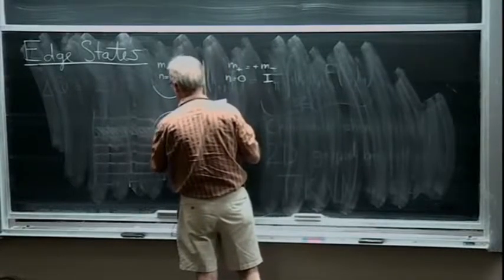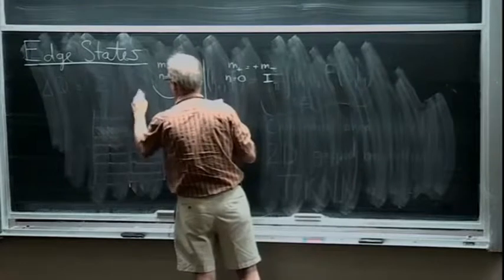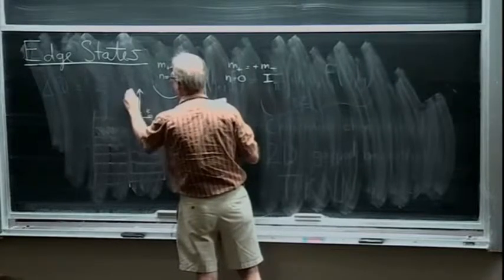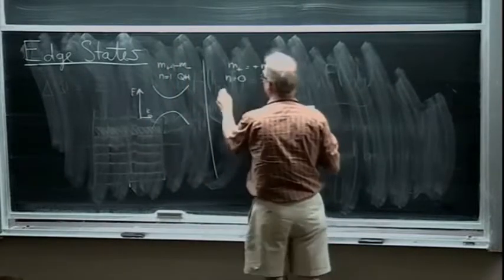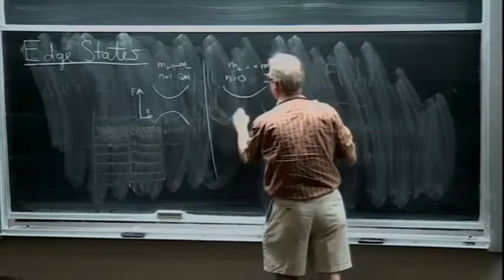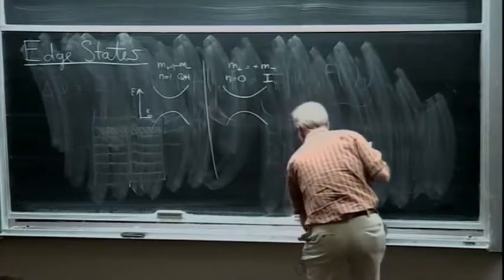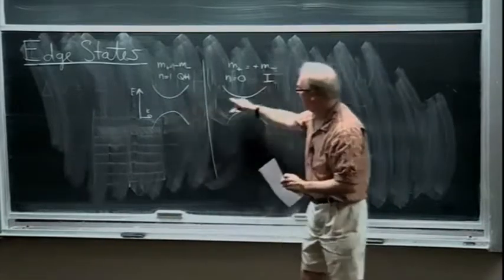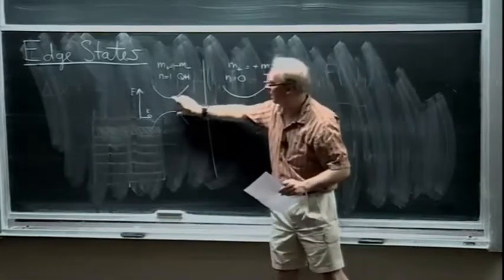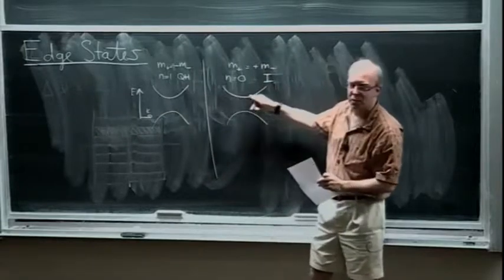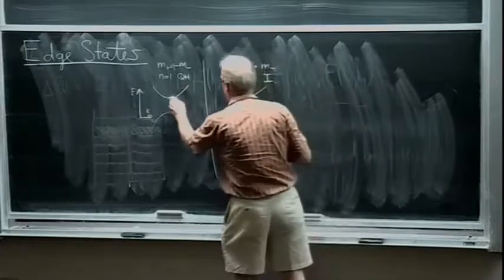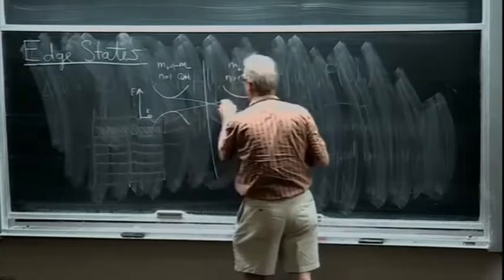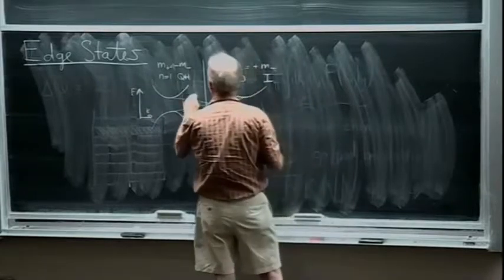So this is energy as a function of k. In both cases I have a gap, but to get from one to the other, what has happened is the conduction band and the valence band have sort of inverted. Okay, so there's a band inversion.